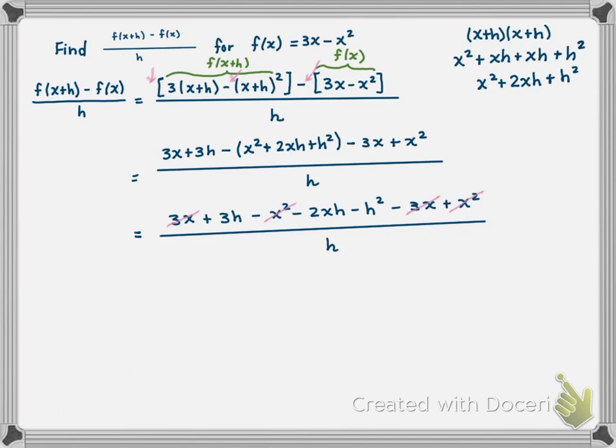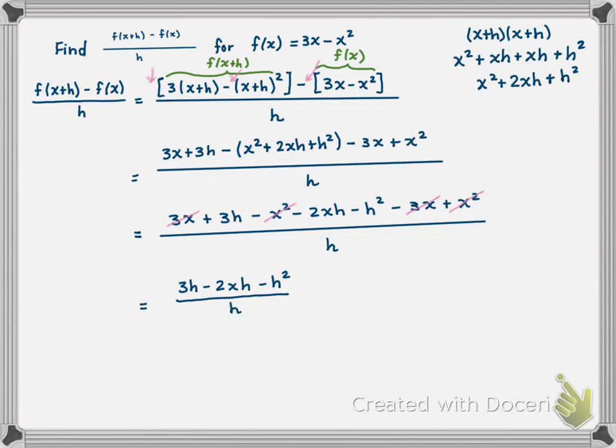And negative 2xh contains an h, and negative h squared contains an h. So everything that didn't contain an h is gone. So we have 3h minus 2xh minus h squared over h.